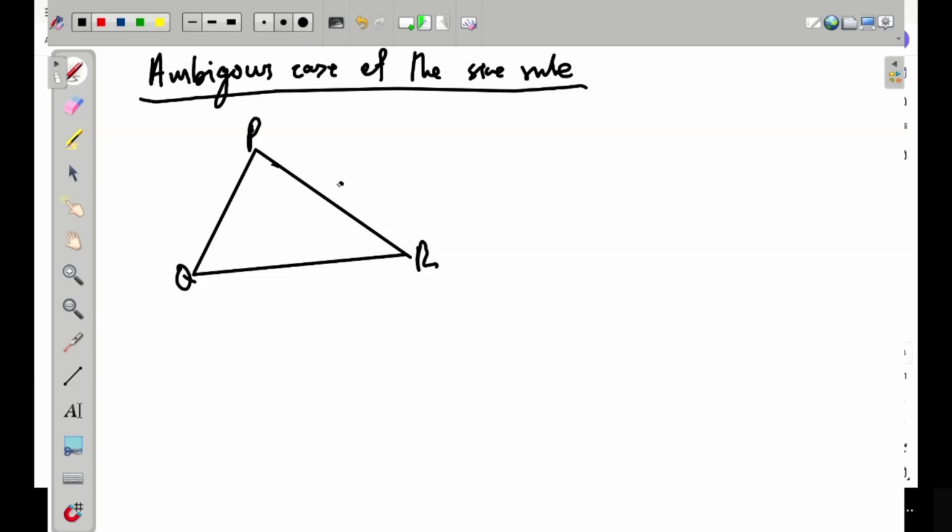So remember, this will be small letter q, small letter p, small letter r. So let's say angle P is said to be 38.6 degrees. And then we are told that the side r is some 32. And the side p is 22.